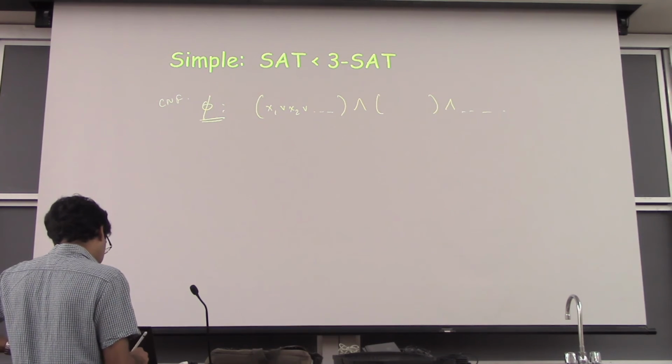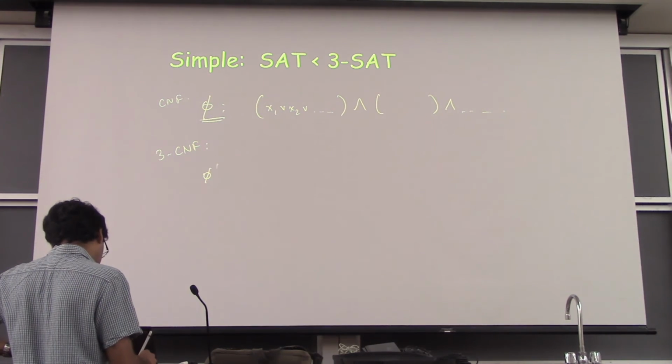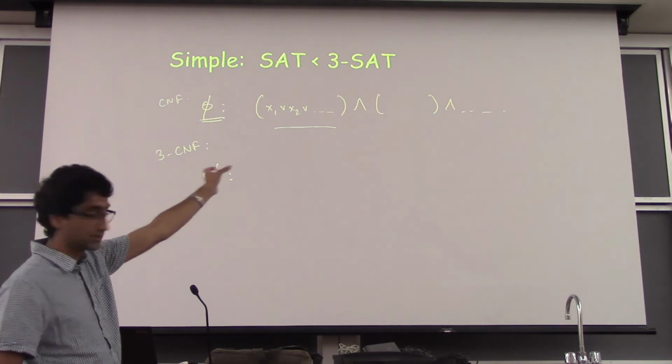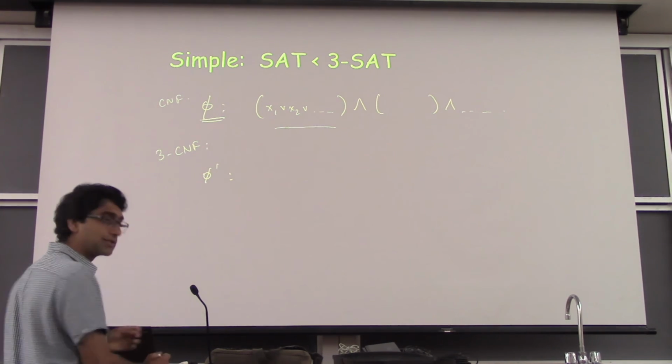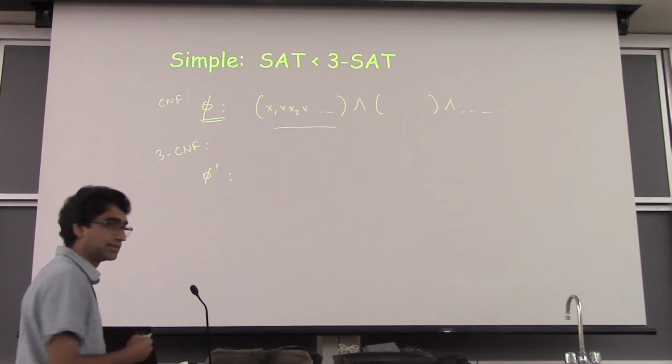And so 3SAT, a 3CNF, is a formula phi prime in which all these clauses, as they are called, have size exactly 3. That's what is called a 3CNF.